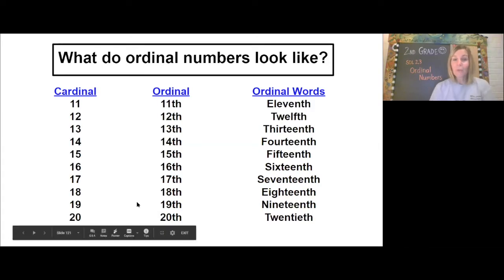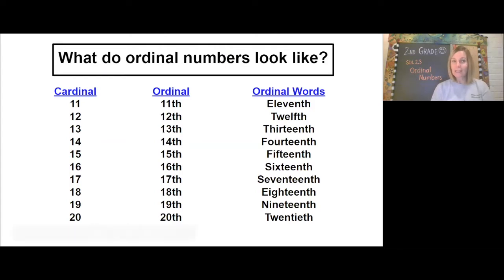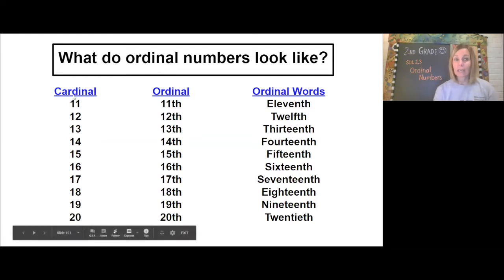Now, today we're going to go a little bit further and we're going to go on to 20th. Since we know 1st through 10th, today we can look at 11th through 20th. Again, the first column is the cardinal numbers, the second column is the ordinal numbers, and the third column is the ordinal words.